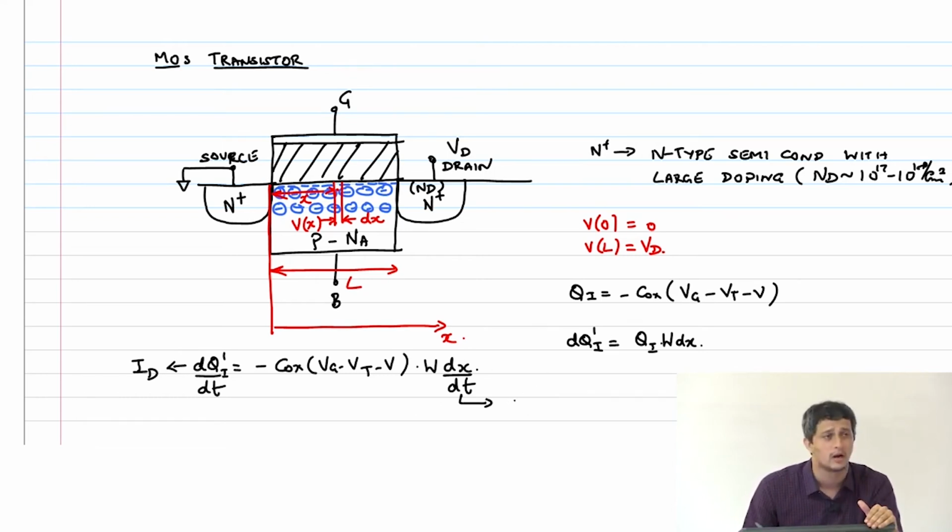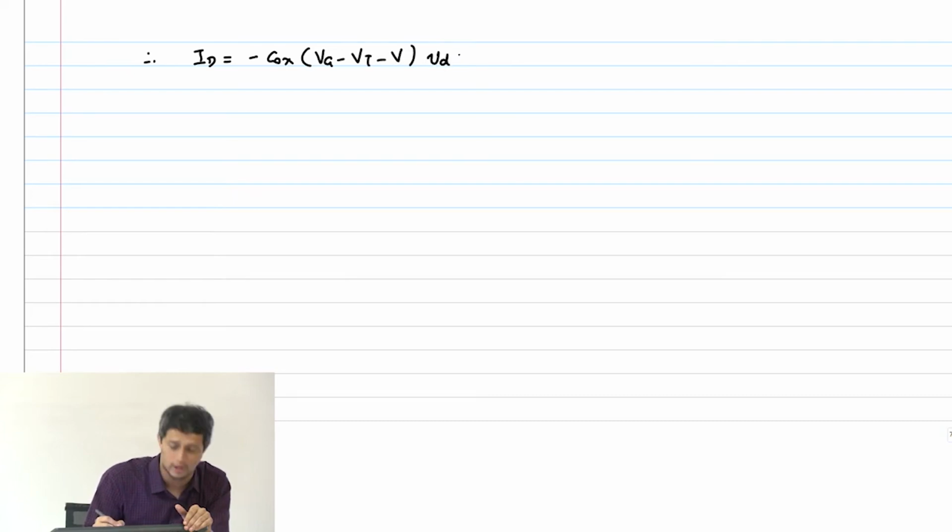This is basically drift velocity. Therefore, the drain current can be written as minus Cox into Vg minus Vt minus V into drift velocity.